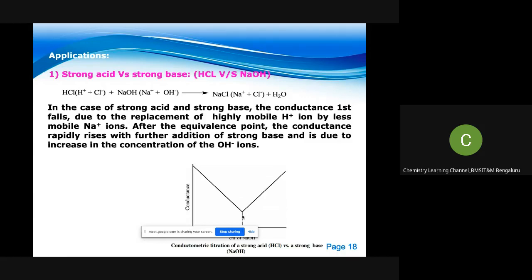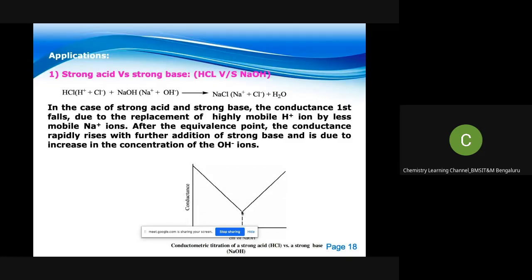Once HCl is completely neutralized, once no more H+ ions are present, after that point, we are still continuing the addition of NaOH, right? So I'm still adding NaOH, which means I'm adding OH-.